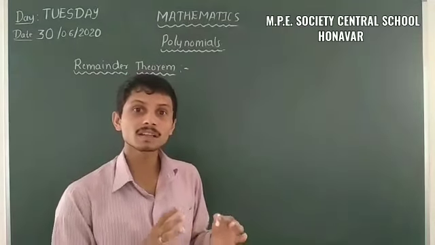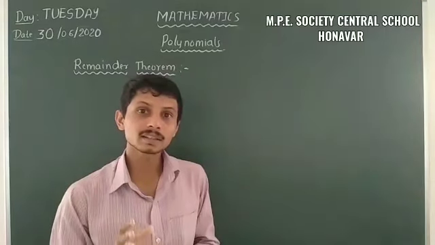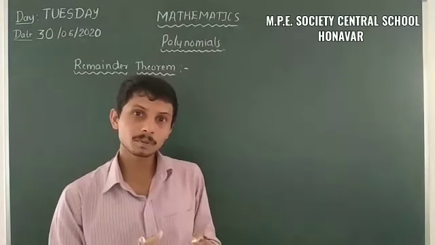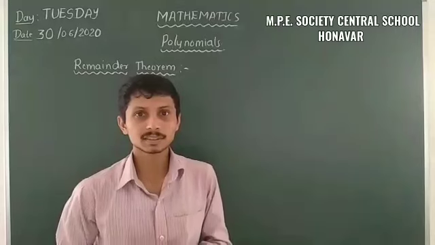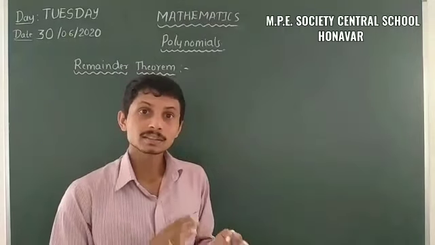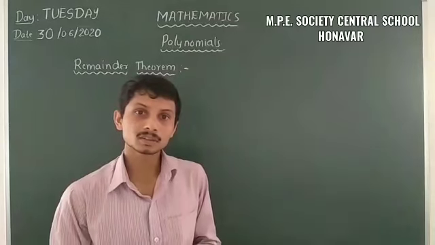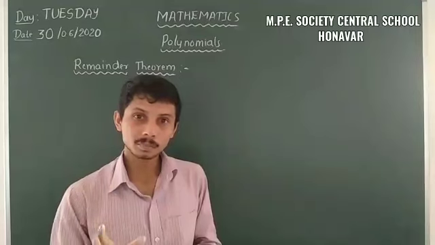Here we want a polynomial p of x with degree greater than or equal to 1. Whether it is a linear, quadratic or cubic polynomial, there is a chance. But the divisor must be a linear polynomial. That means g of x is a linear polynomial.